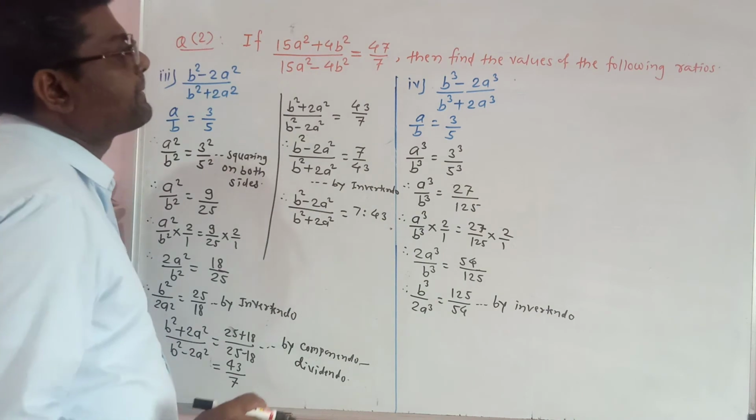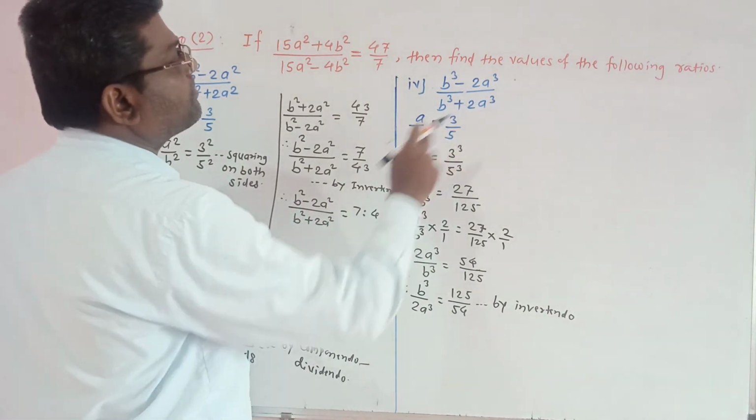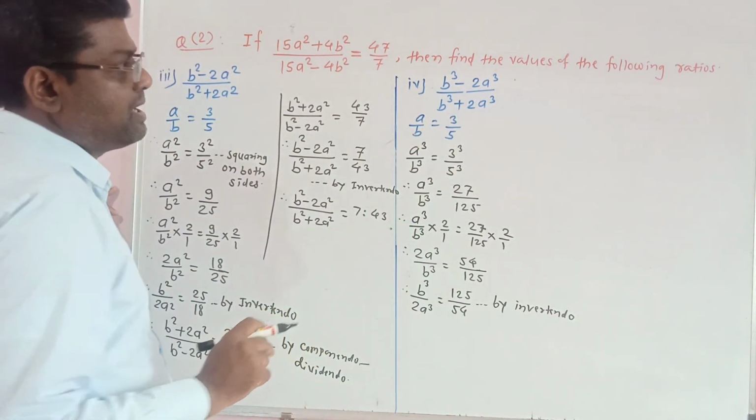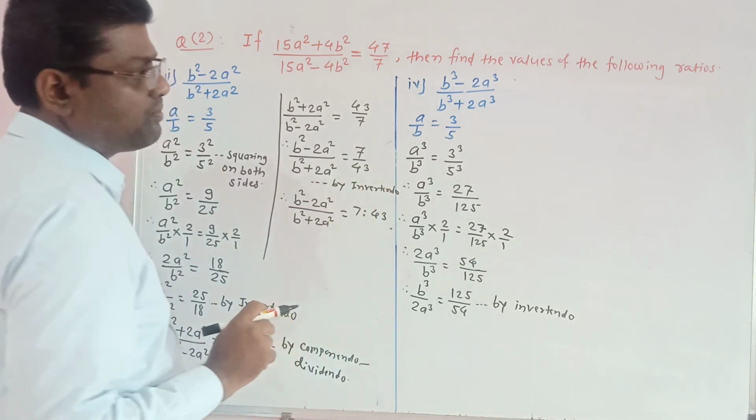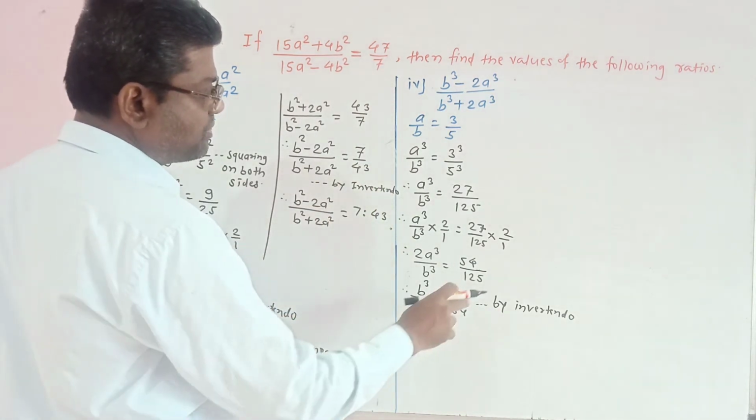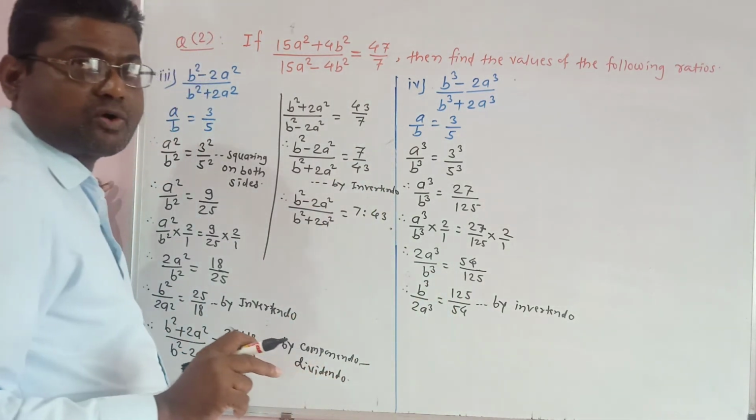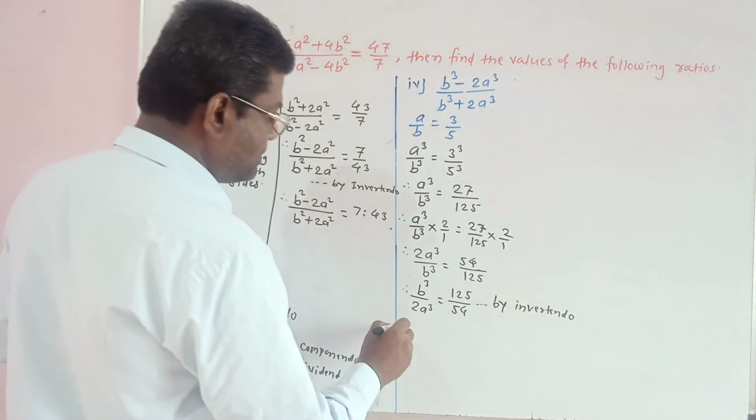Now here the term is b cube plus twice a cube, and there is the term b cube minus twice a cube. Therefore, we have to take the componendo dividendo.